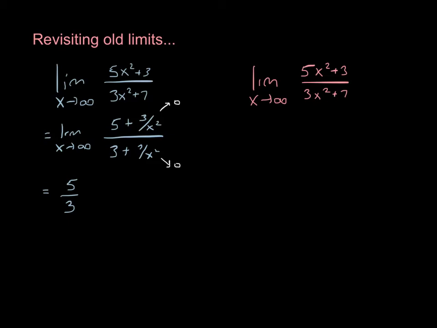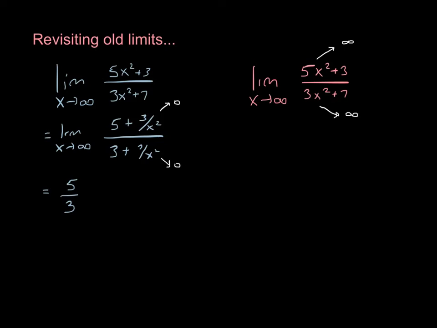So as x gets really large, as x goes to infinity, 5x squared plus 3, that entire numerator is going to infinity. And again, as x gets very large, 3x squared plus 7 is also getting very large. So that entire denominator is going towards infinity.